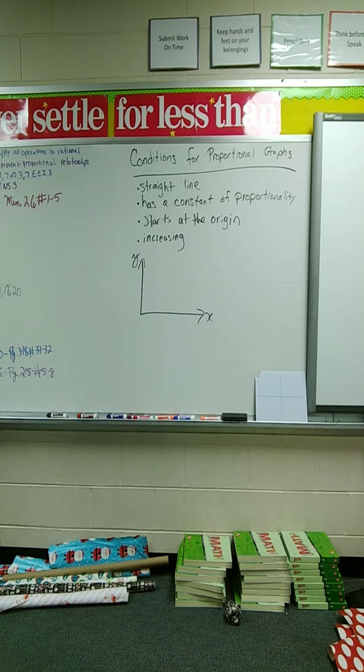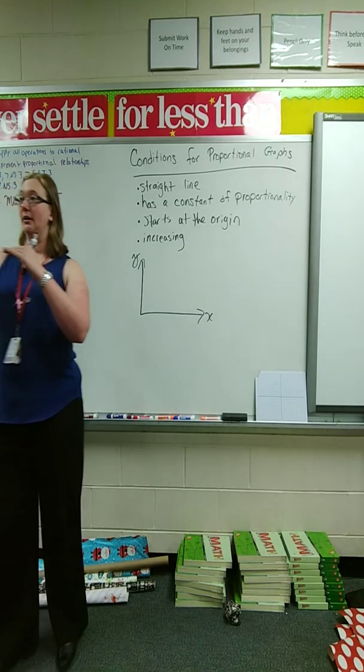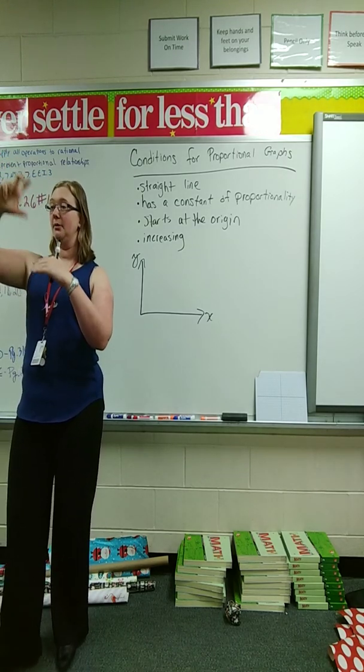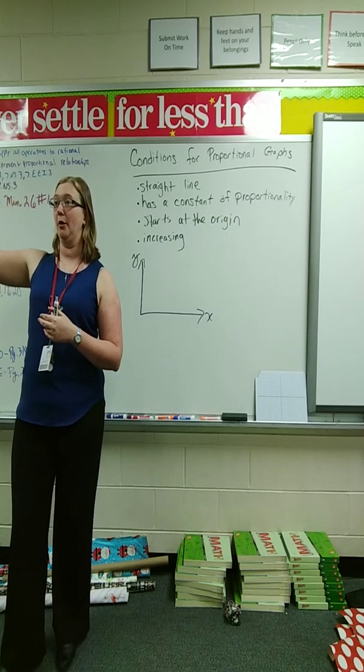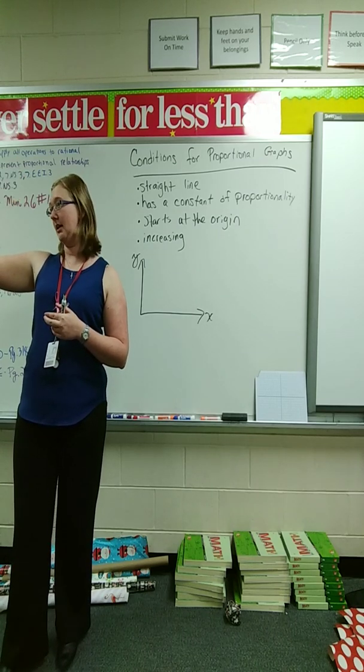Yes. You can find where you divide it. Okay. So I could divide the y value by the x value and find the unit rate at multiple points, correct? Is that what you're saying?